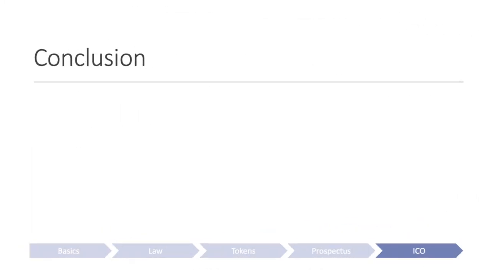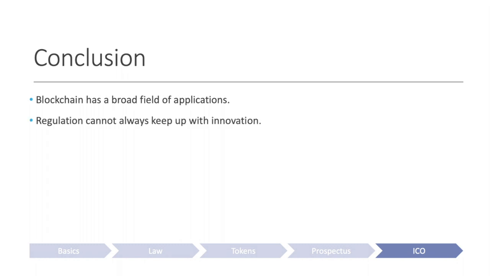Now let me conclude. Blockchain is a relatively young, yet very promising technology with a broad field of possible applications. While the possibilities seem to be nearly endless, there are as well some other aspects that we should keep in mind. Seen from a legal perspective, this means that in this thriving and dynamic market, legislators cannot always keep up with the fast pace of digital evolution.